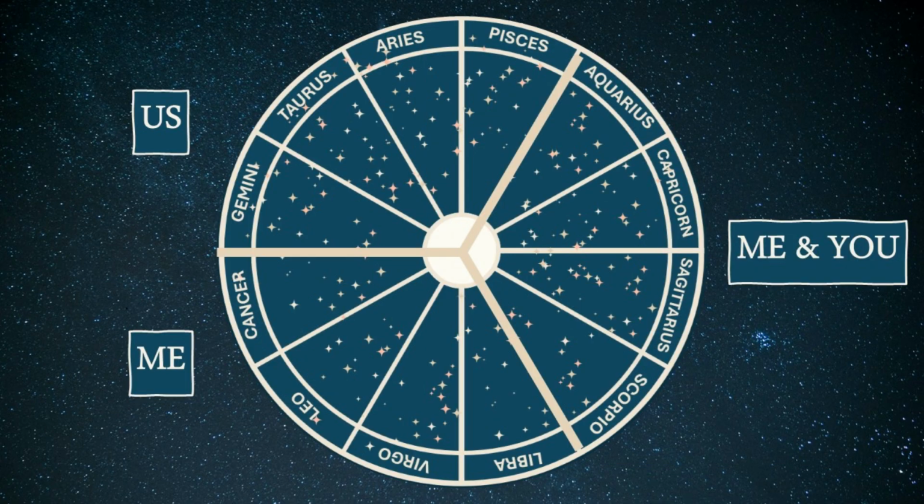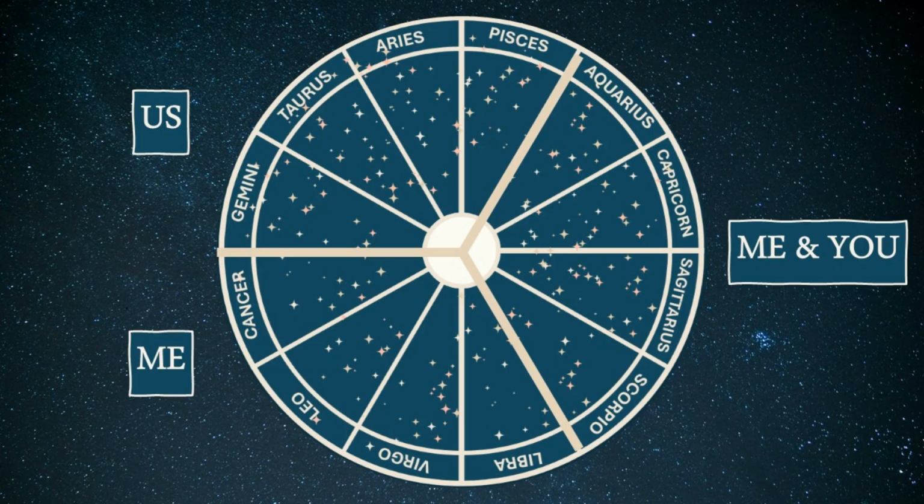The houses can also be divided into three groups of four. The personal houses from house 1 to 4, which are all about the self. The social houses from house 5 to 8, where the self and the other interact.